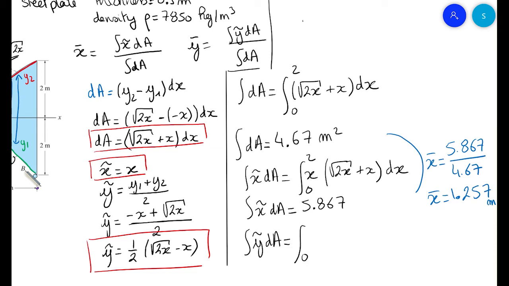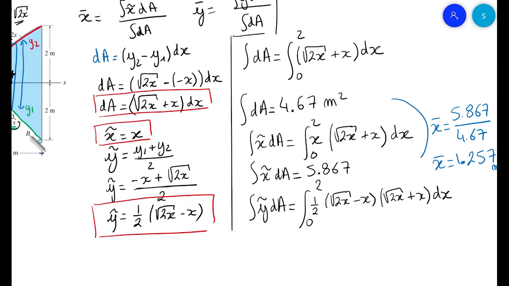And now let's do y tilde dA. It's equal to the integral from 0 to 2 of 1/2 of the square root of 2x minus x, that's the y tilde, times the dA, that is the square root of 2x plus x, dx. We can simplify this because there is a minus b times a plus b, that's a squared minus b squared. Let's simplify it before we plug that in the calculator.